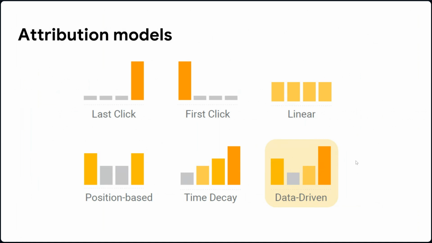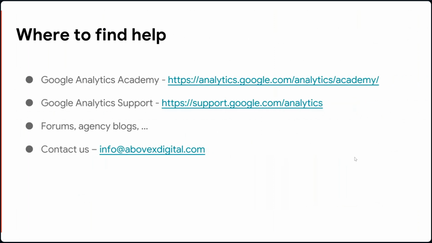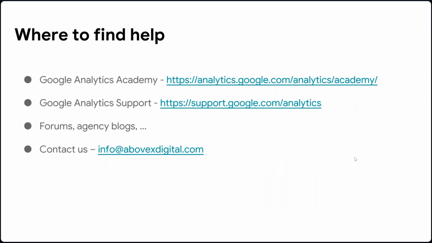Google knows how much time people spend on different interactions with the website, etc. So it splits the conversion into certain parts which get added to different channels. So, I mean, Google says that this is the most correct model. So my recommendation is to use that model whenever you can.